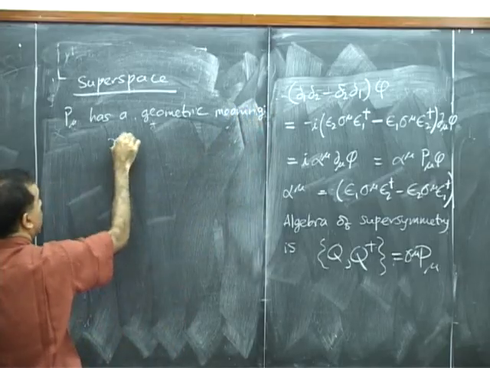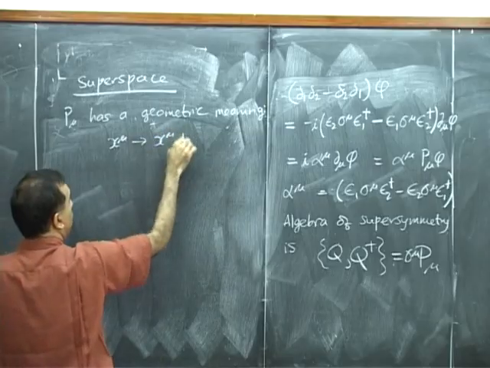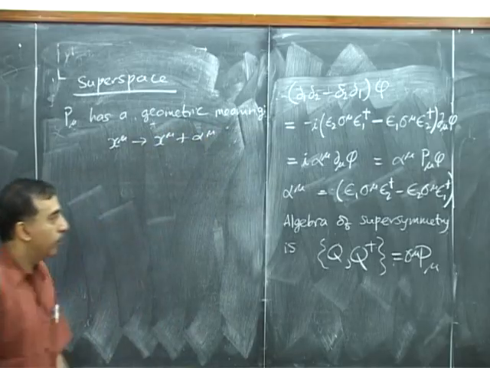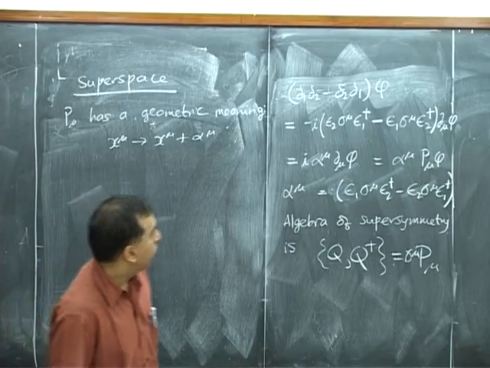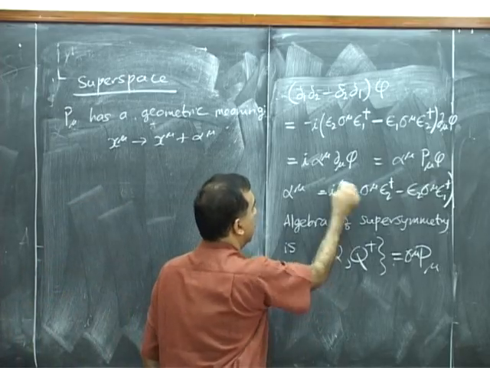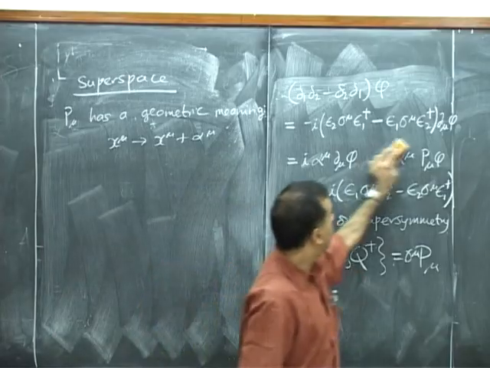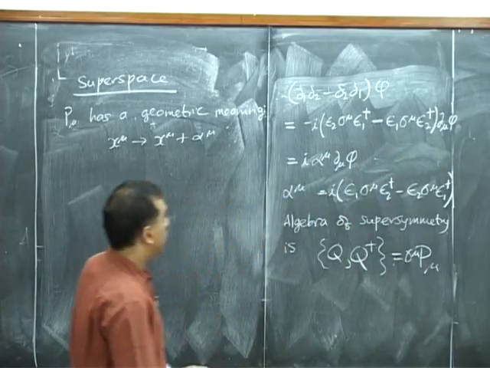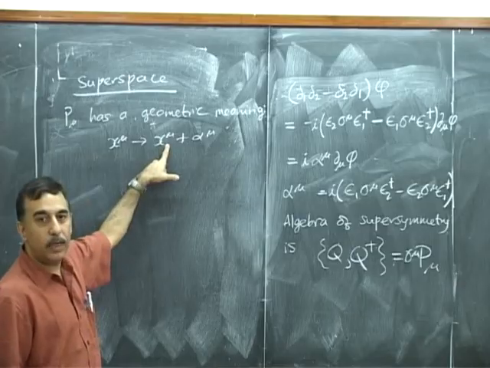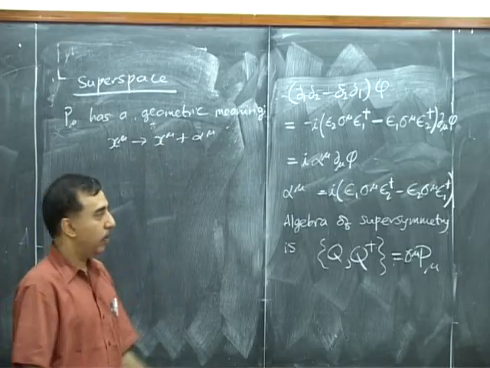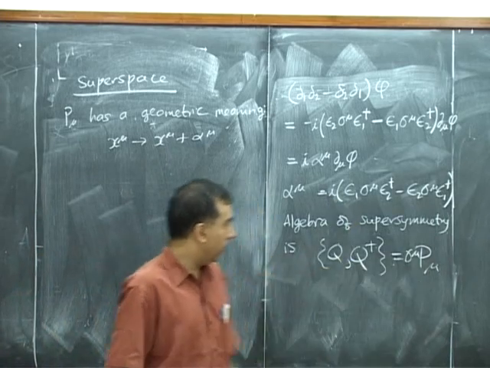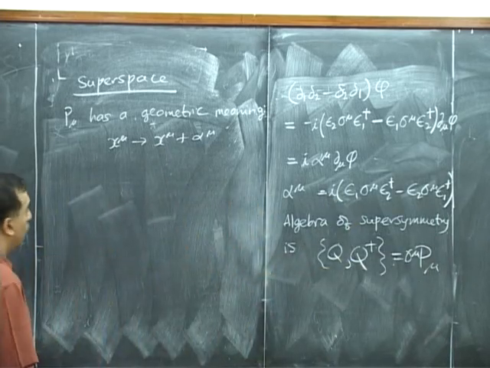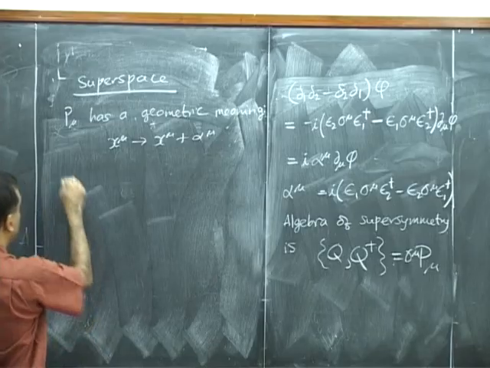The coordinates of flat space-time x mu just go to x mu plus alpha mu. This way, because it's alpha mu which has to be real if it has to be a translation of x mu. So I correct my earlier statement. I think this combination is real. So that's the geometric meaning of p mu.